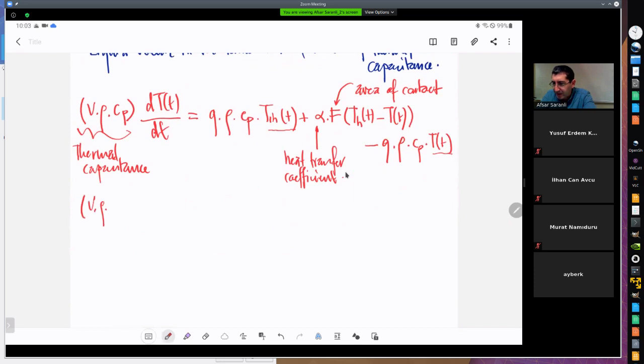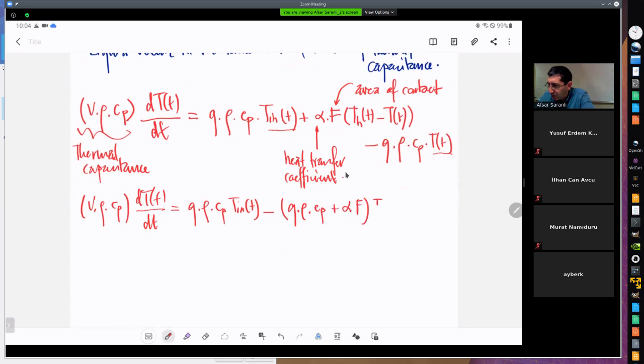V rho Cp dT(t)/dt will be equal to, first, the incoming energy, Q rho Cp T_in(t), minus, we have two coefficients with a minus sign, so that's going to be (Q rho Cp plus alpha F) times T(t), plus alpha F Th(t), the heater temperature.